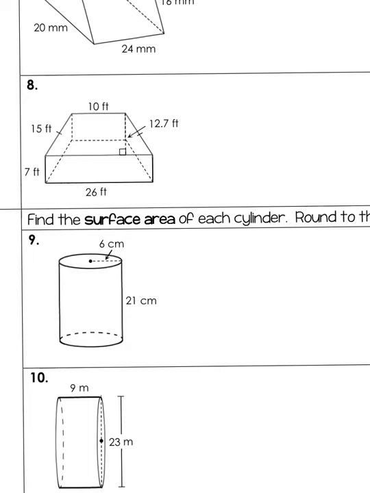Trapezoidal prism. To find the area of a trapezoid, it is base 1 plus base 2 divided by 2, times the height. Basically, we're taking the length of this base plus the length of this base and averaging them.